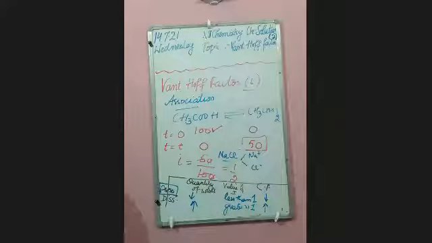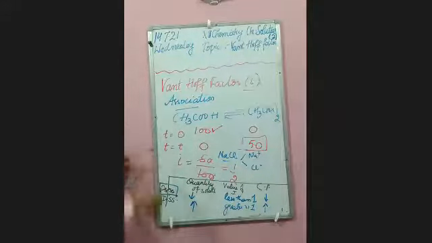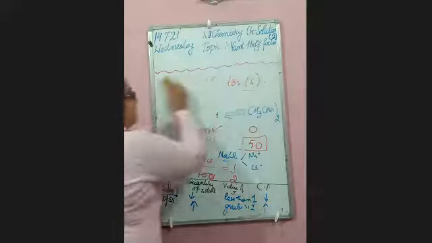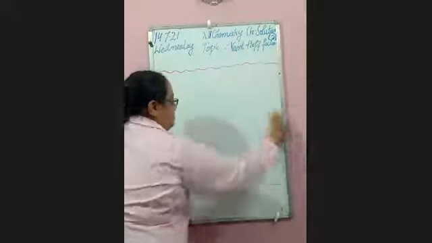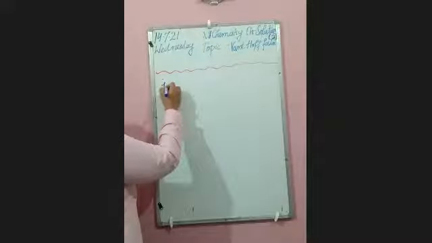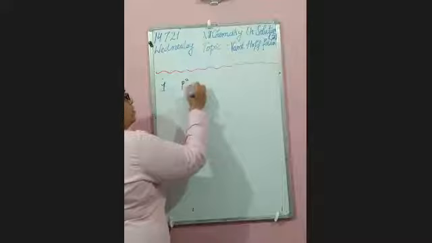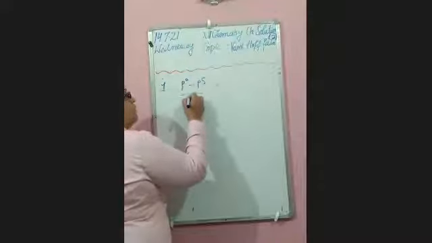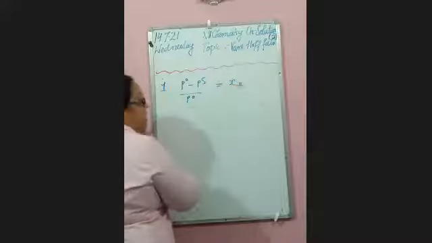So my dear, to rectify the abnormal masses, we have to introduce this Van't Hoff factor in all of the colligative properties. Likewise, the first colligative property is relative lowering of vapor pressure, which is equal to the mole fraction of solute.